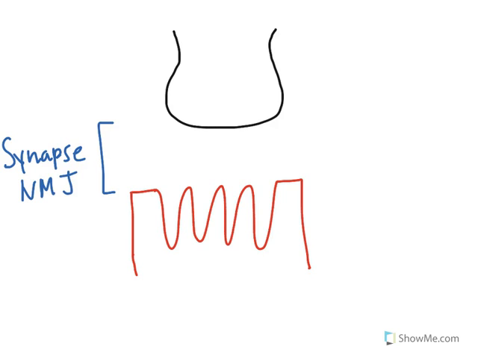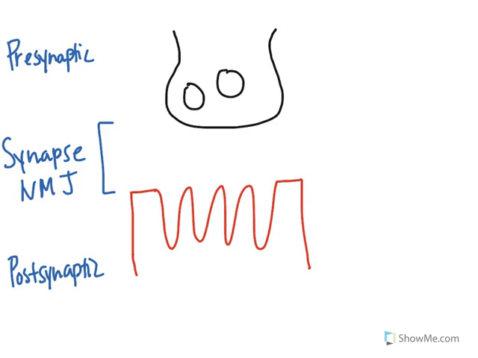And then on this top side, we have the presynaptic side, because this is where the signal is coming from. And then on this side is the postsynaptic side, or the receiving end. So within this neuron, we have these vesicles containing tiny little neurotransmitters called acetylcholine.